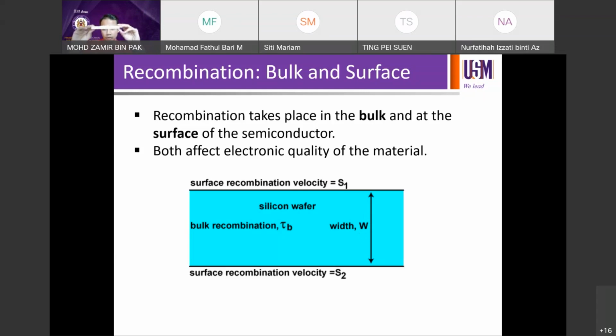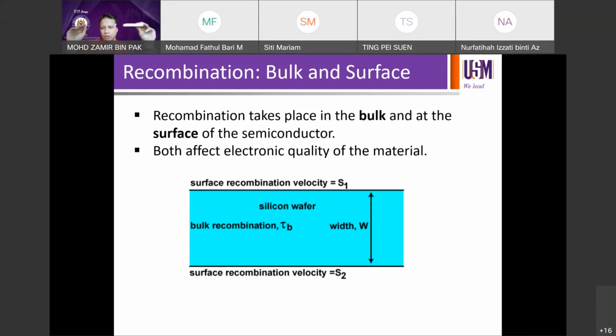So when you compare, let me test you in terms of the logic. When you are working on a thick device, let's say 200 micron, to make it easier, you're going to have your bulk recombination, and your surface recombinations on top and at the back.